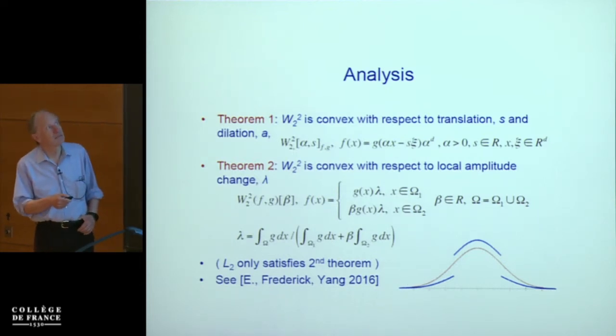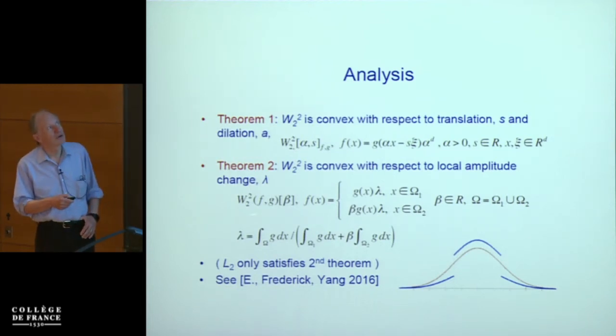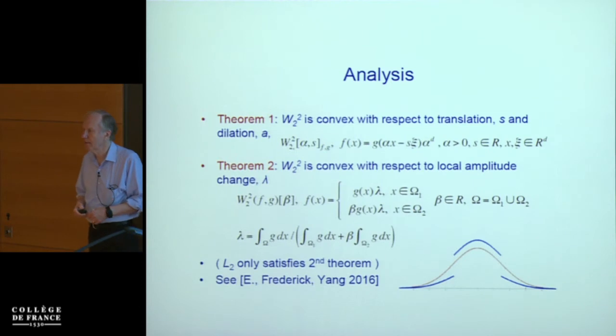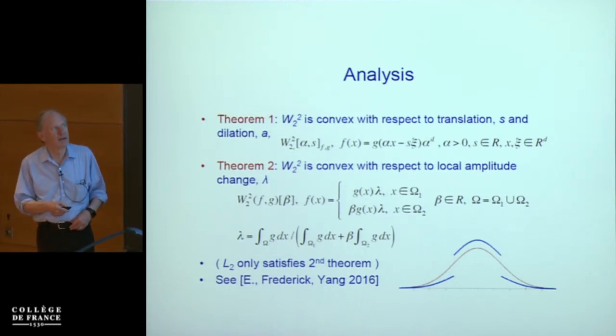Then it is convex with respect to these parameters. Also, if you do a local transformation, typically you cannot expect, of course, the measured data to be perfect. So if you have some variation over here, in a small area you would like to see that you can correct for that in a convex way if you guessed wrong in the beginning.